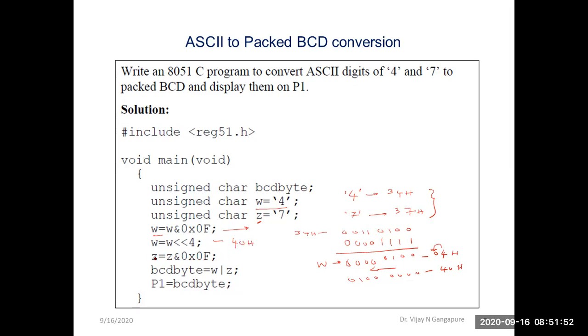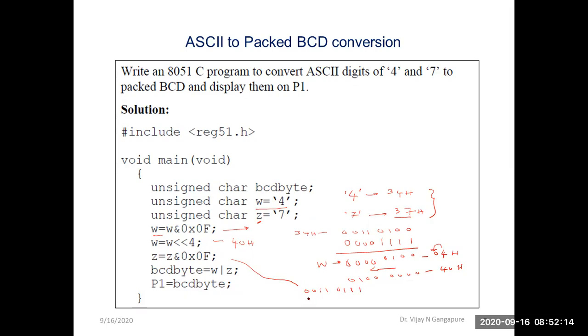Now next, Z is equal to Z bitwise AND with 0x0f. What value is in Z now? We have the ASCII code of 7, that is 37, in Z. So in this operation, Z has 37, that means 0011 0111.